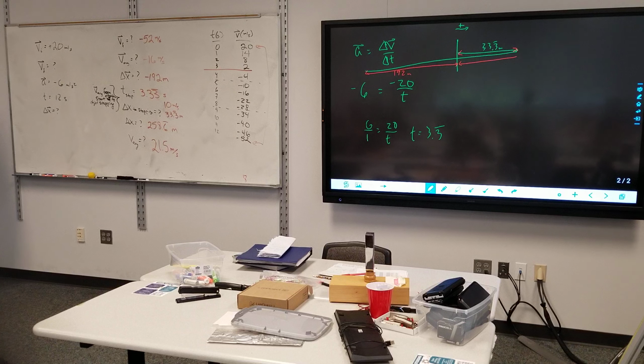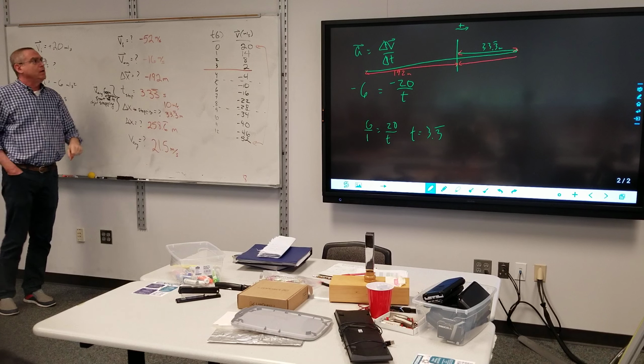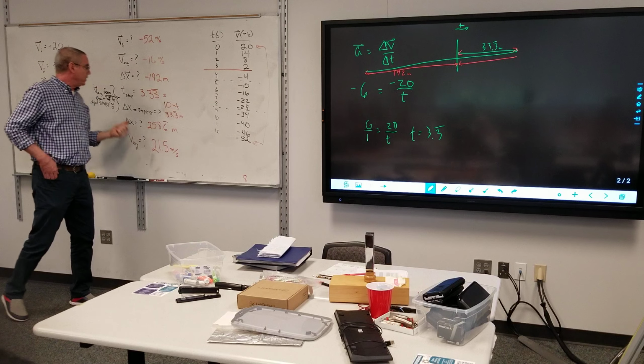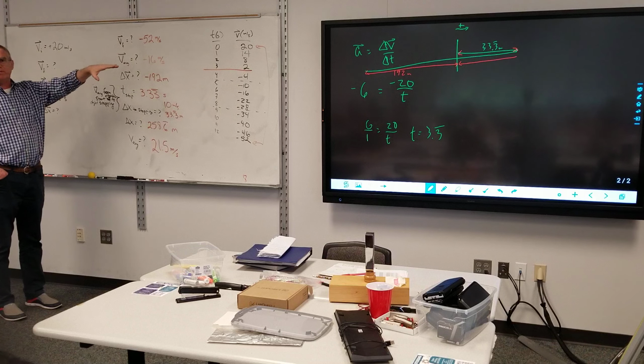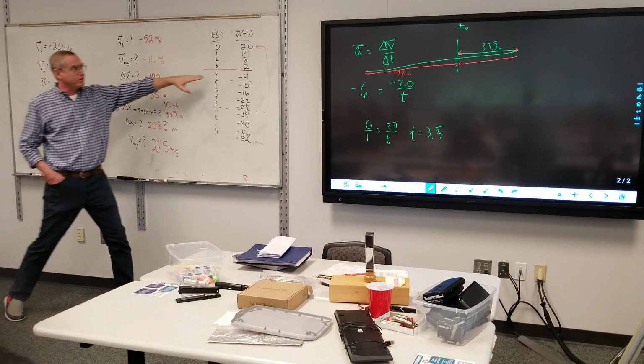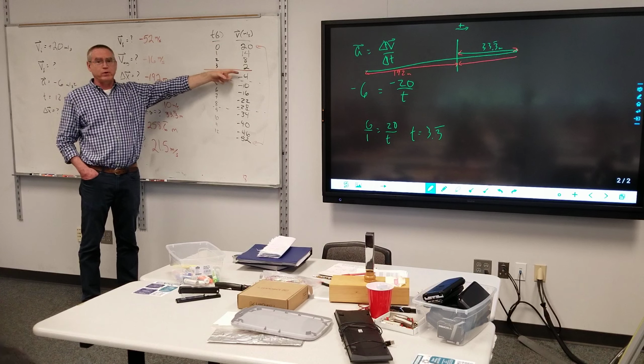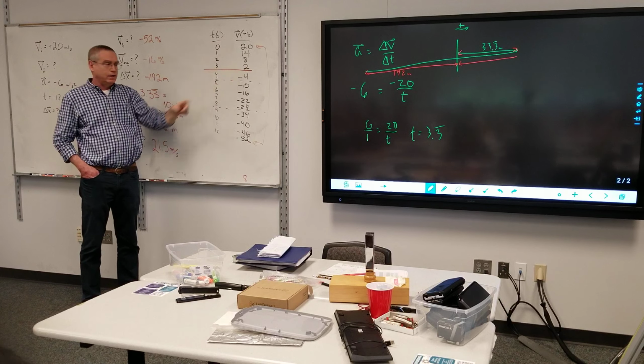How did he get the 10? After the T-stop, how did he get the 10 meters per second? The question is from the start of the problem to when the object stops. Not the stop at the end of the problem, but when the object stops at this point right here. The 3.3, so that's 3.33 seconds to get to there. When it stops, it is going 0 meters per second.